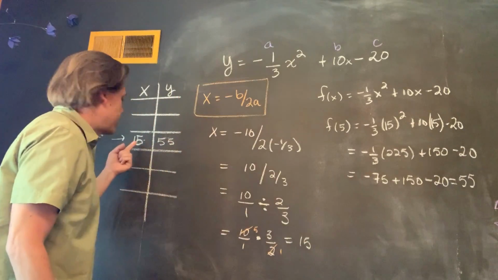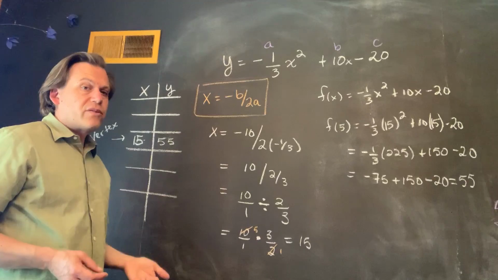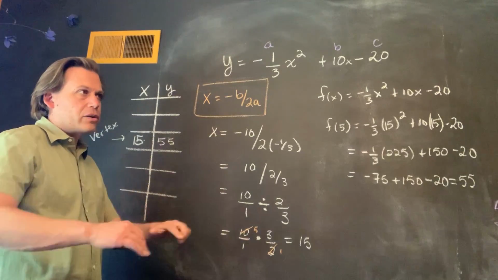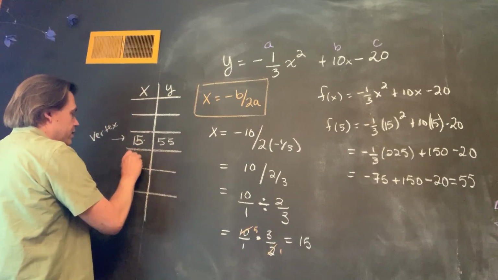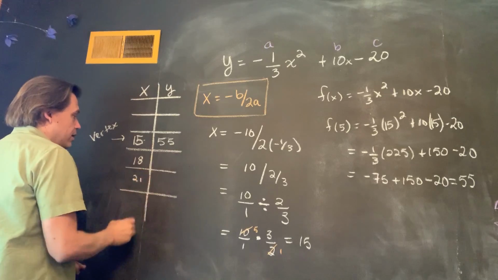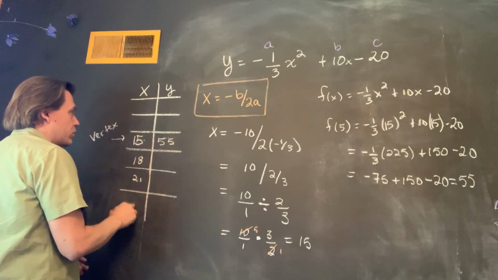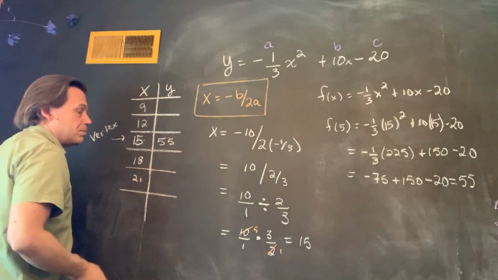So here it's 15, that works out, and I get a whole number. If I go by 3's to find my other values, it'll just come out with all whole numbers. It'd be nicer. So I'm going to go 15, the next one will be 18, then the next one will be 21. If I kept going, it would be 24. Back here, I'll put a 12 and a 9.